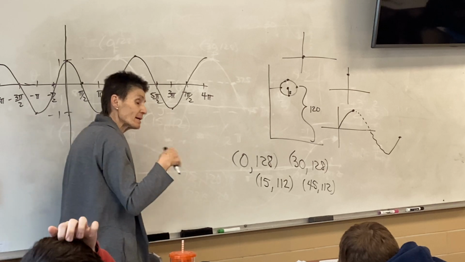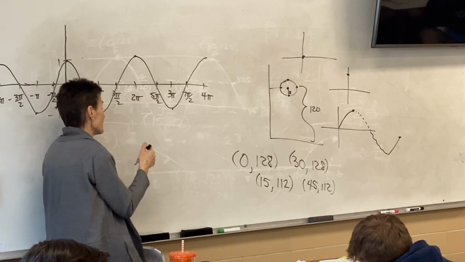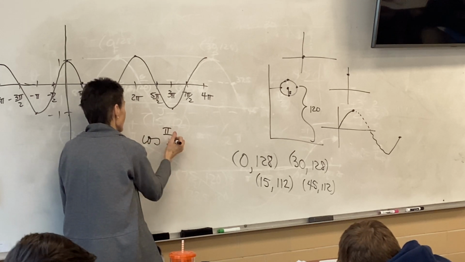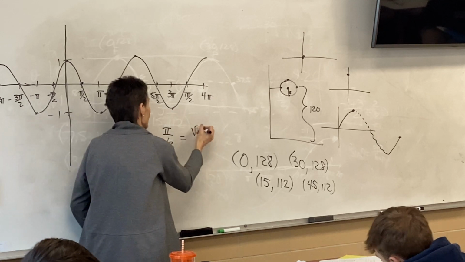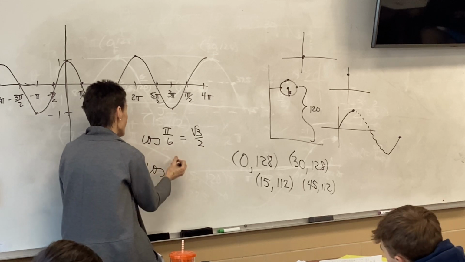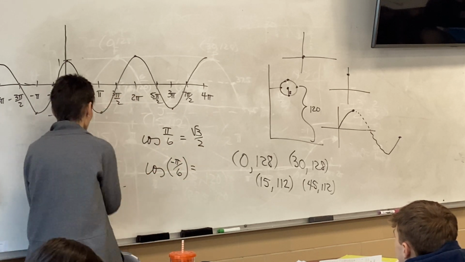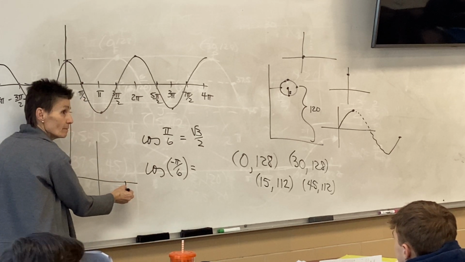Now, how that manifests itself for you guys is if I say find the cosine of pi over 6, I hope you'll all say root 3 over 2. If I say find the cosine of negative pi over 6, remember, negative pi over 6 would be down here.